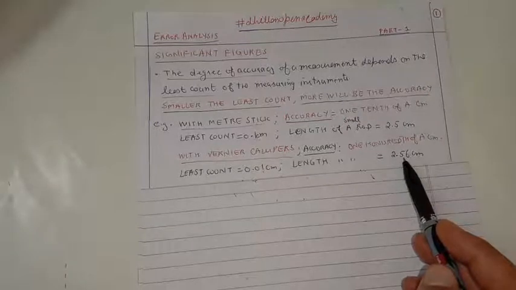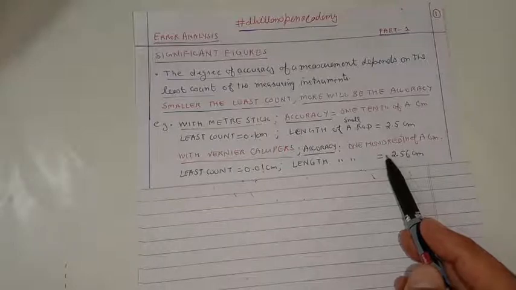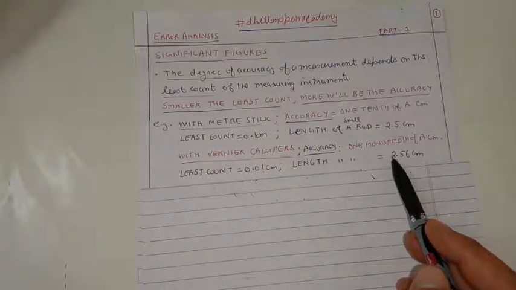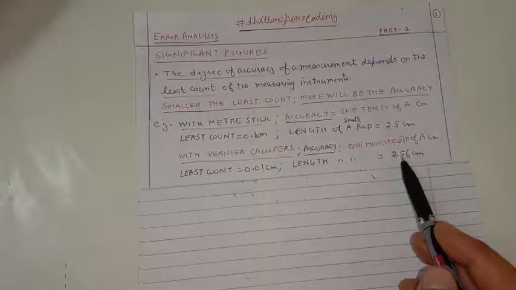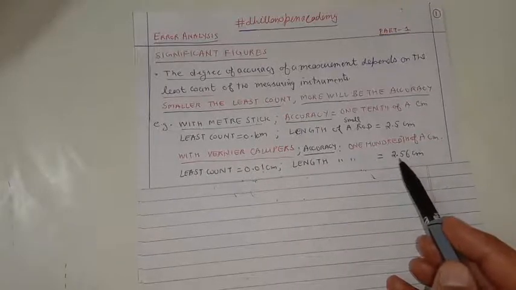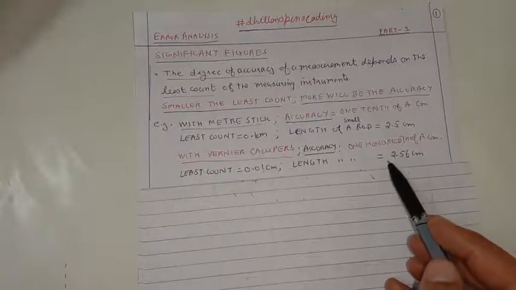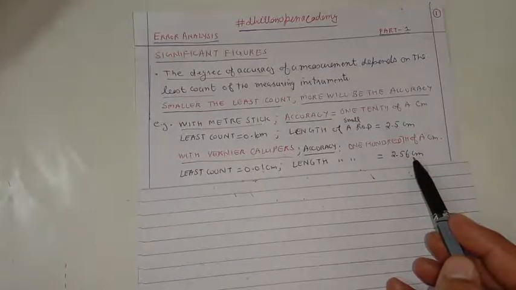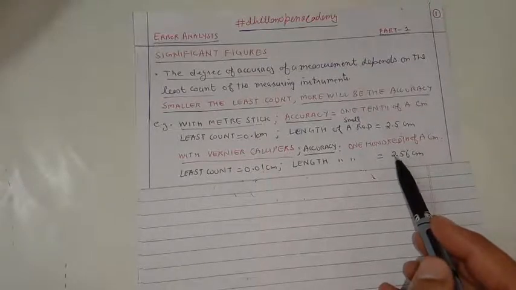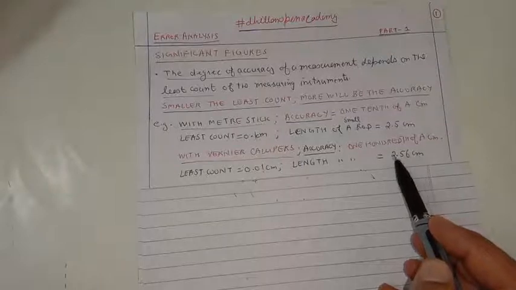Over here also, if the same vernier caliper is given to different students to measure the length of the same rod, we may come across results like 2.56 centimeter, 2.57 centimeter, 2.53 centimeter, such that in all the observations the digit before the decimal place and the digit at the first decimal place will be present in the observations of all the students.